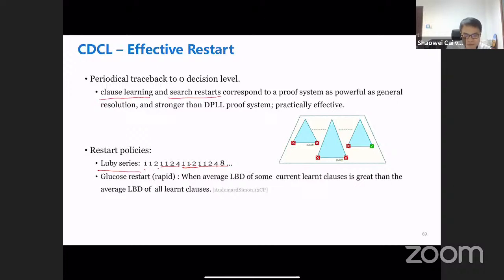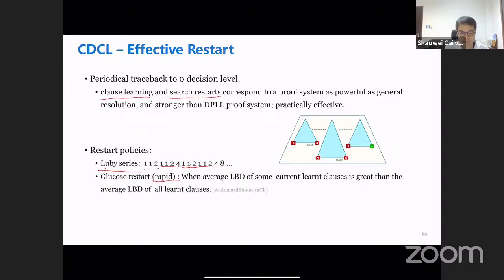The other is glucose restart, which is rapid. Interestingly, when the Luby restarting policy was applied to SAT solvers, at that time people called it a rapid restart. But nowadays, compared to the glucose restarting policy, Luby actually is quite stable.